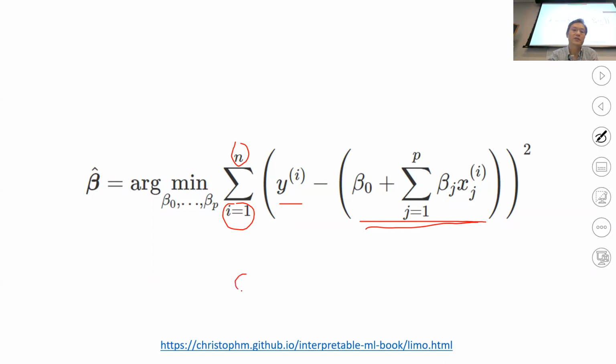Okay, so this is called the sum of squared errors. Basically, you want to find the combination of beta vector values to minimize your sum of squared error.